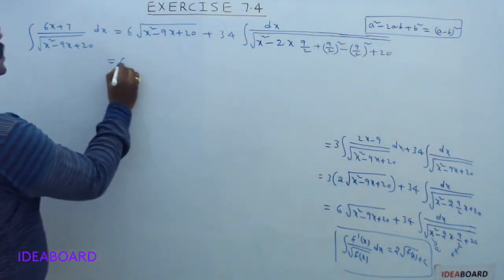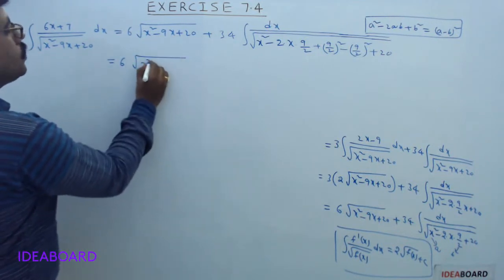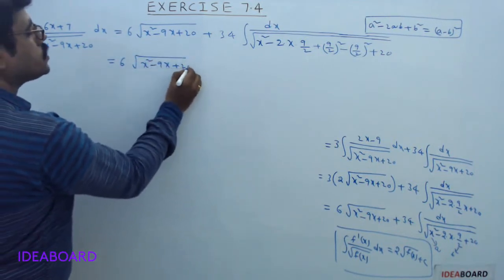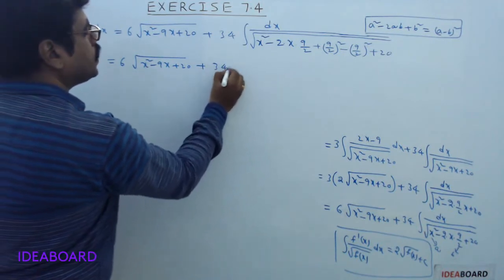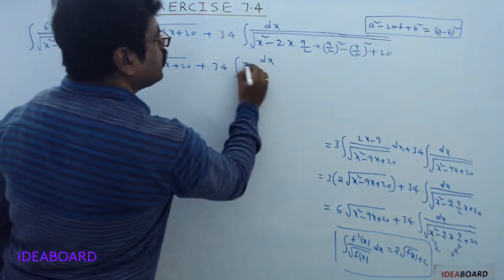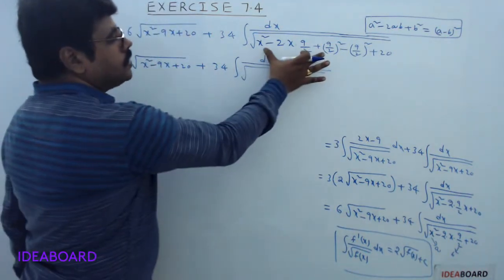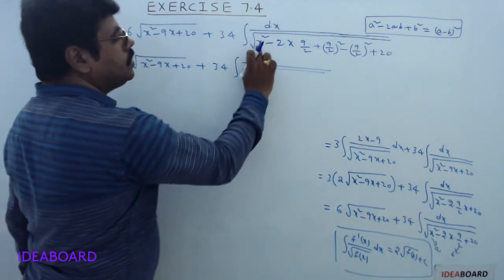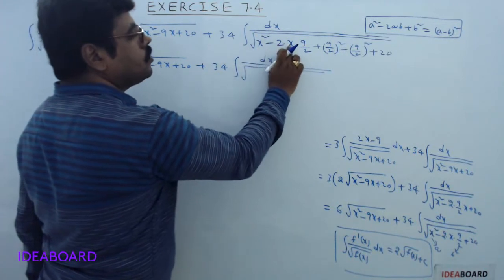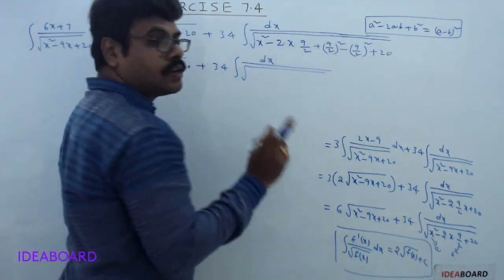Now this is 6 into square root of x square minus 9x plus 20 plus 34 into integral dx divided by square root of. This expression is of the form a square minus 2ab plus b square.